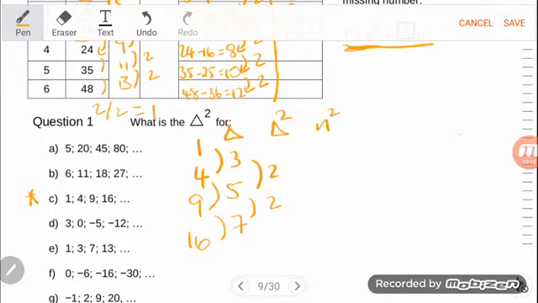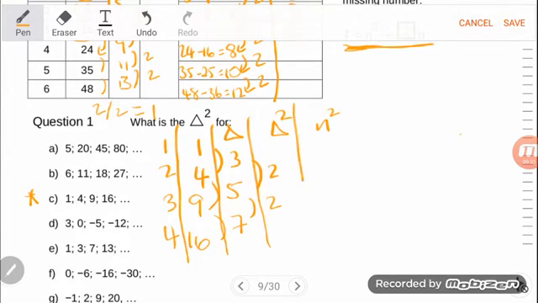N squared, when n is 1, 2, 3, I'm just going to put my n values in over here. When n is 1, n squared is 1. When n is 2, n squared is 4. When n is 3, n squared is 9. When n is 4, n squared is 16.